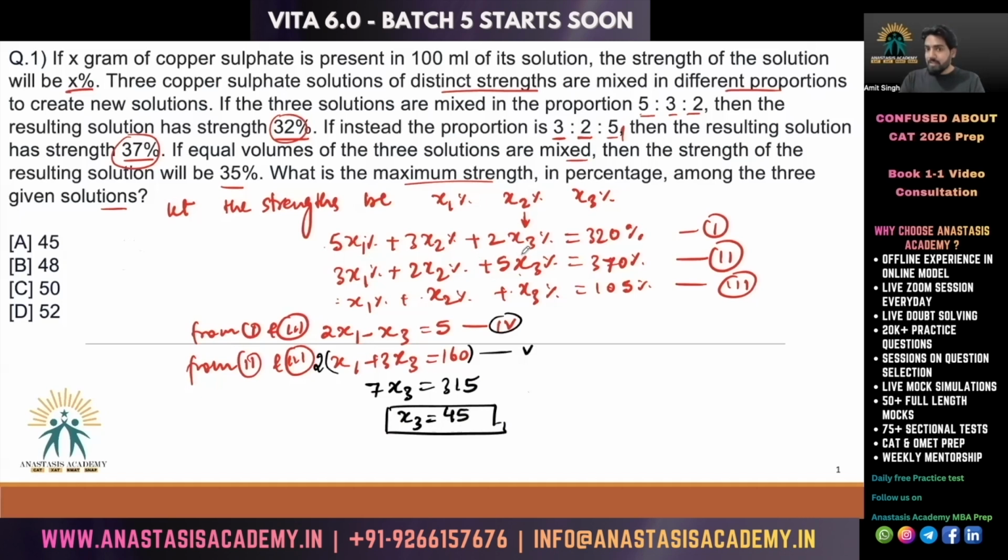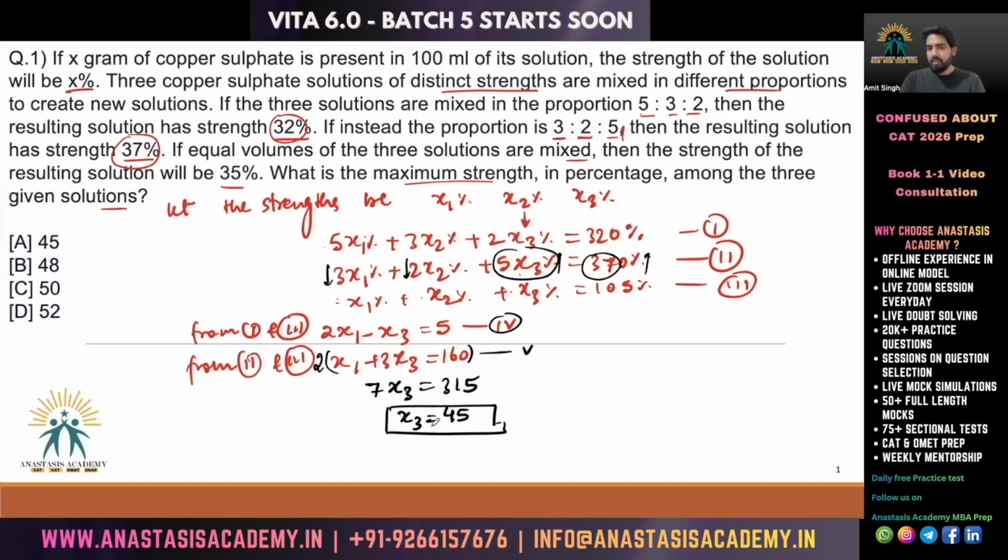Why? Because by changing just its proportion, by increasing its proportion, and by decreasing the proportions of other two, the resultant strength has increased. So it implies that x3 has the highest strength. And if you don't believe, you can find the strength of x1 and x2.